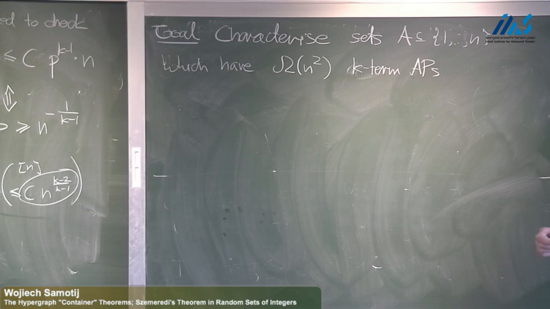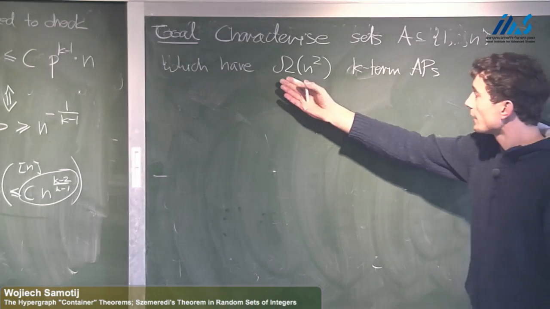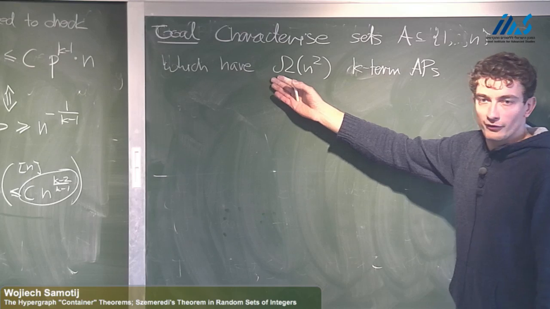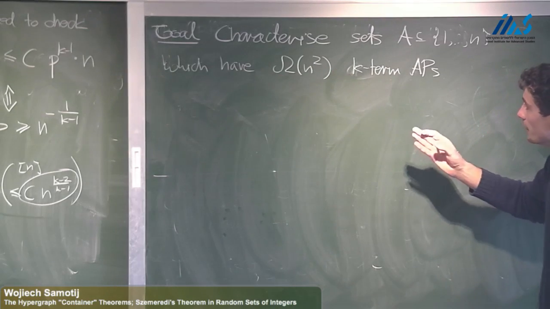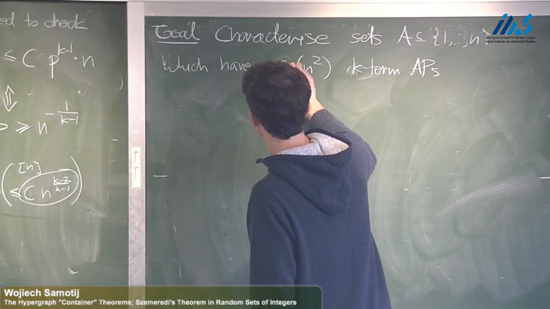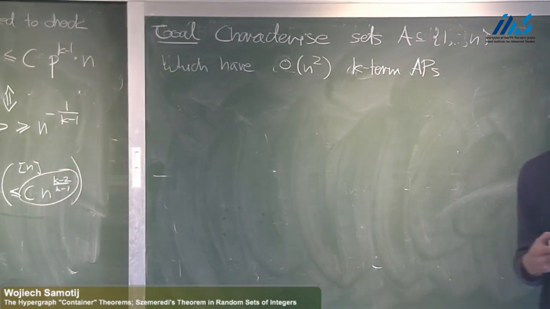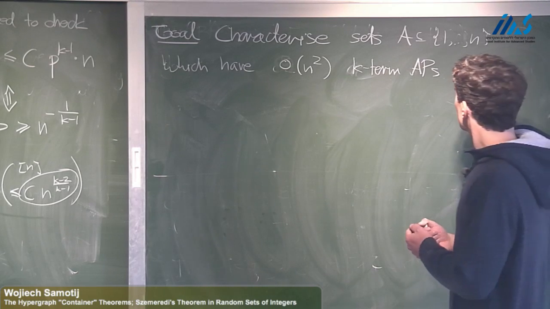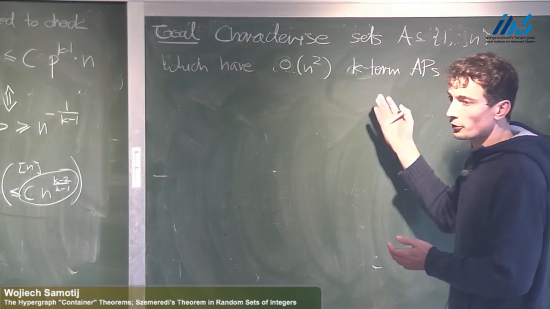So Szemeredi's theorem tells us how to characterize the ones that have one. Sorry, I should write little o of n squared here, because we're actually interested in the complement of the family F, not the family F itself. So I want to characterize sets which have few arithmetic progressions.